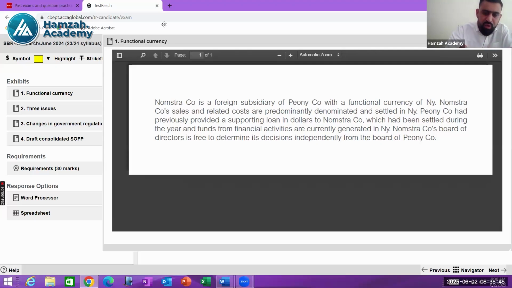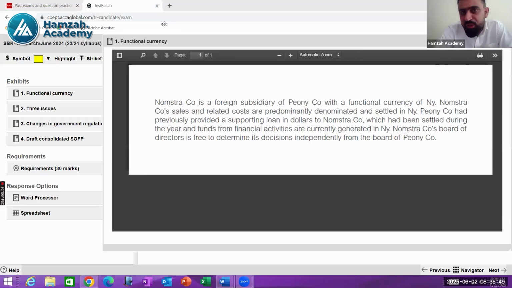So why should we treat the NY currency as the functional currency of Nomestra, the subsidiary of the parent?